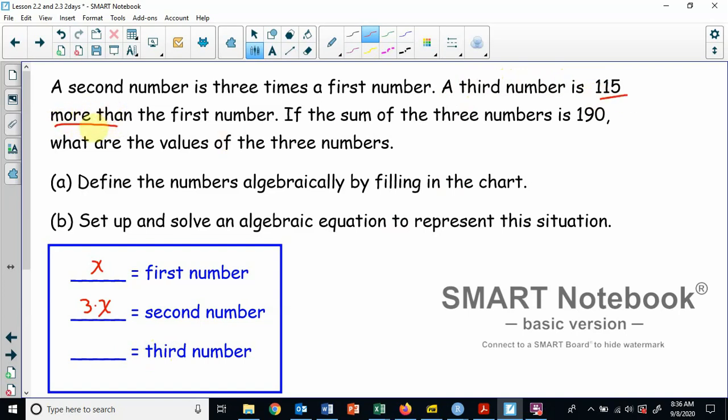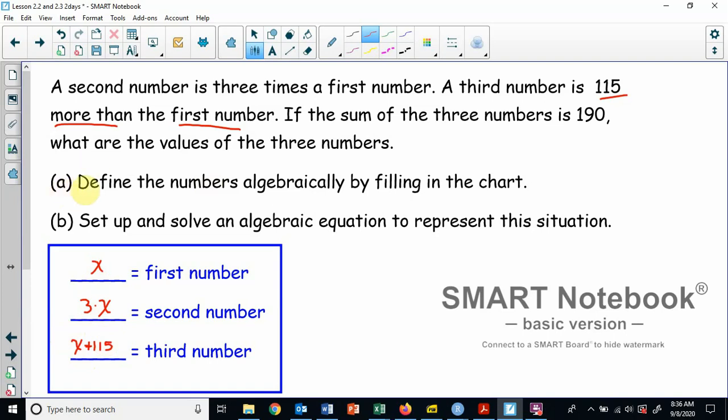Remember when we worked on writing words and expressions, going back and forth, more than meant adding. So we're adding 115 onto something. What are we adding to? The first number. What's the first number? I don't know it. We just let it be x. So now I'm able to define all 3 numbers based off of the first number. All 3 numbers are x, 3x, and x plus 115.